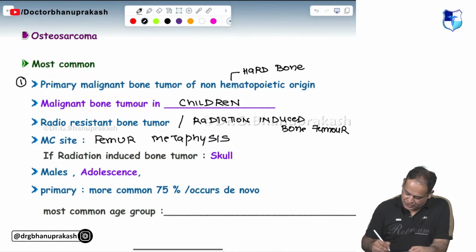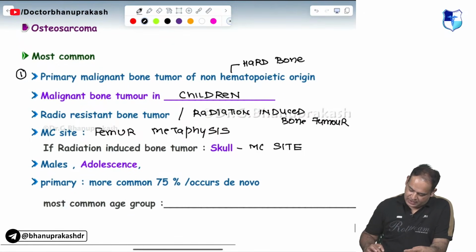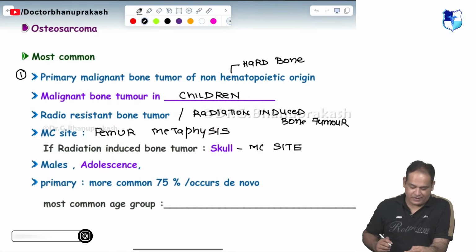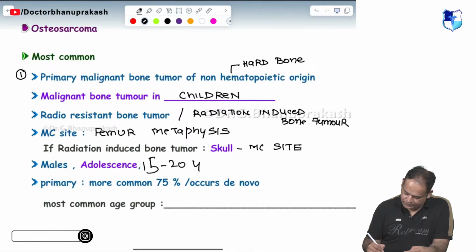If it is radiation induced bone tumor, skull is the most common site. So yes, this is the most common age, 15 to 20 years.